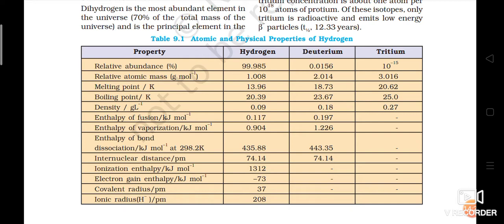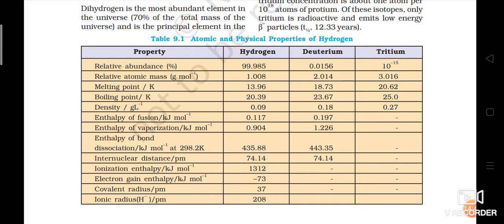We can't remember them, they will never ask these numbers, but sometimes the ionization enthalpy of hydrogen might be asked. That is very easy, 1312. Then electron gain enthalpy, covalent radius, ionic radius.